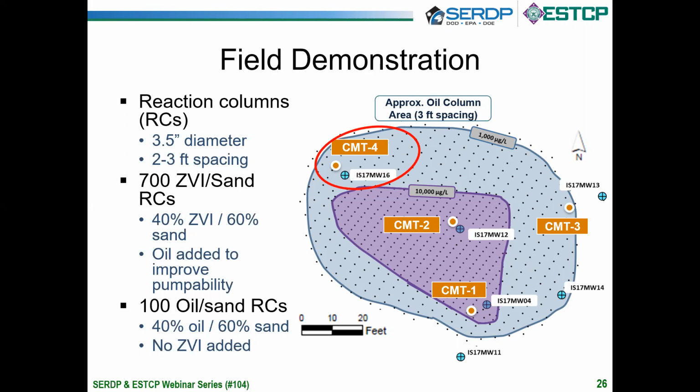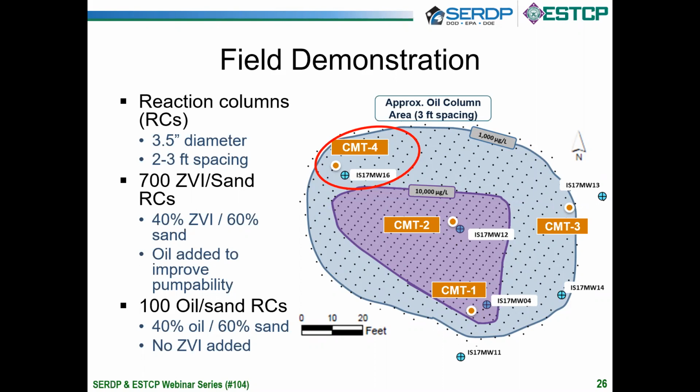The remaining 100 were strictly oil and sand, so no ZVI was added, at a 40% oil to 60% sand mixture. The location of those oil columns was in the northwest zone, close to monitoring well 16 as well as CMT 4.